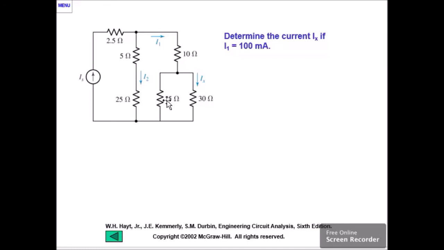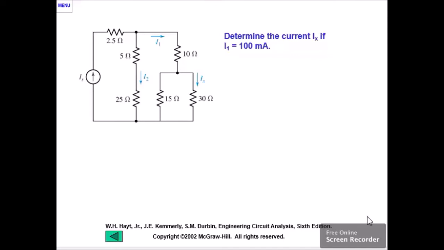Pag dalawa lang sila, Ix is equal to yung pinaka-supply, which is 100 milliampere, times yung resistance na kukunin yung kabila, 15 ohms divided by 15 plus 30. So, ganun lang. Okay?